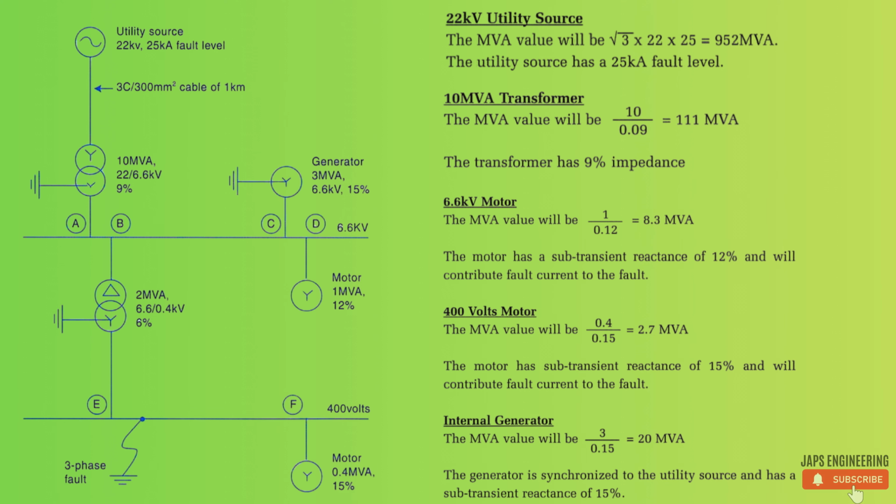Fault MVA for the remaining equipment such as 6.6 kV motors, 400 volt motors, and internal generators can be calculated in the same way as for the transformer, by dividing the individual equipment MVA rating by its internal impedance.